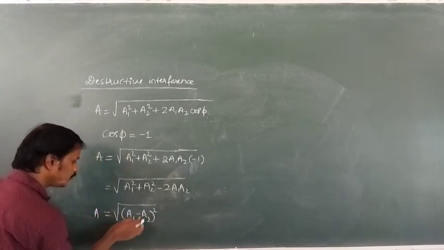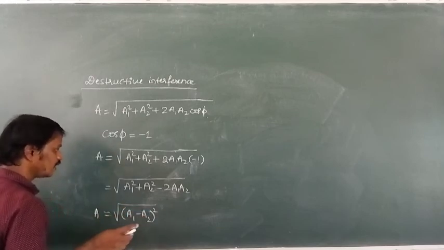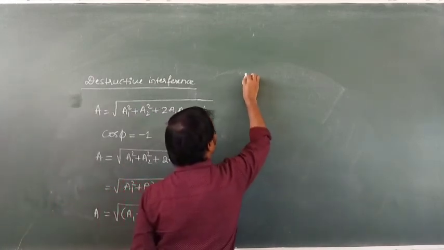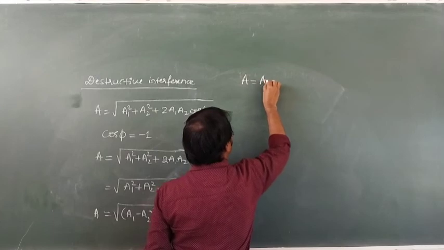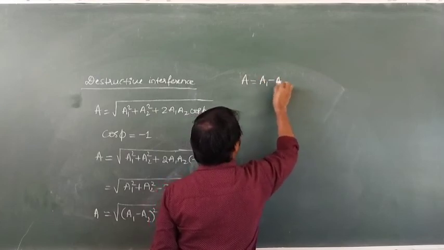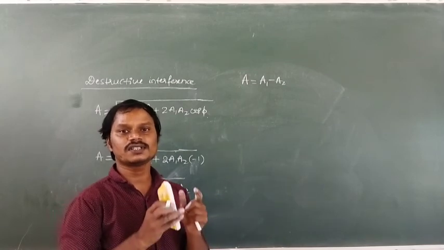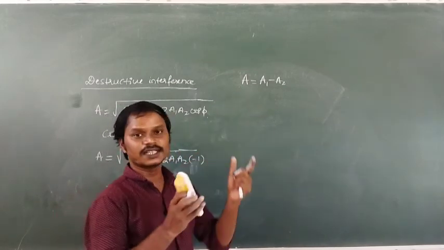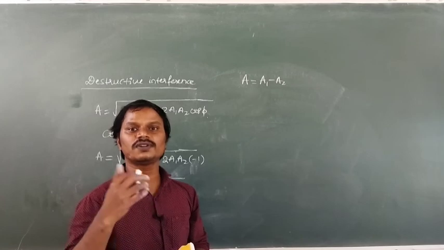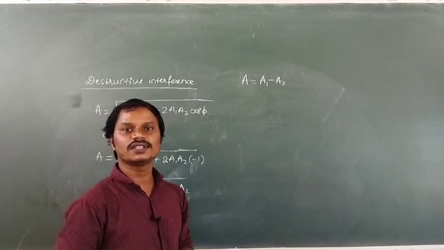Then the square root and square get cancelled. Then A is equal to A1 minus A2. So this is the minimum amplitude, because in case of destructive interference, the amplitudes get subtracted, because crest falls on trough and trough falls on crest.